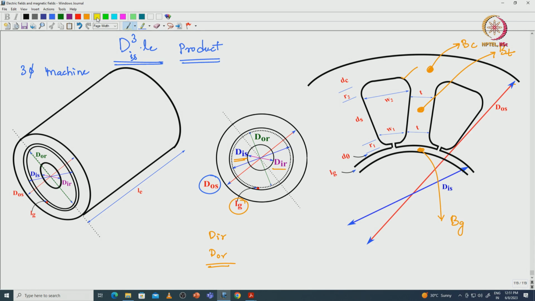Here we can see that the maximum flux density will happen in this region, right, where the area is less. In this region we will see the maximum flux density, as compared to the air gap and as compared to the core. This portion is the core portion and this portion is the air gap, okay. This is the core portion.